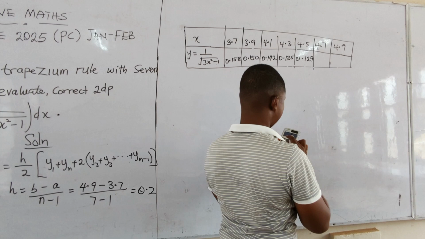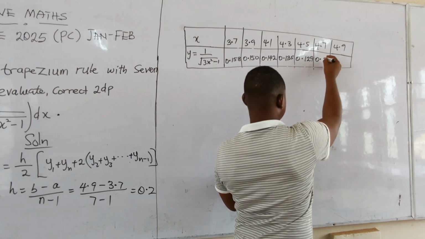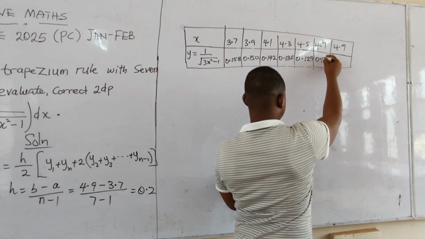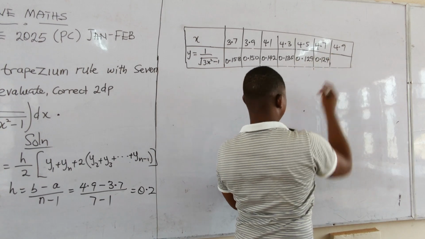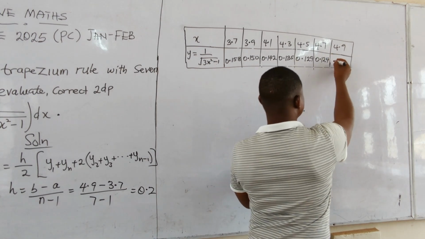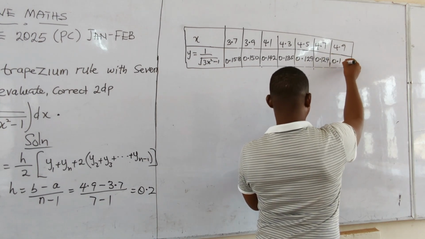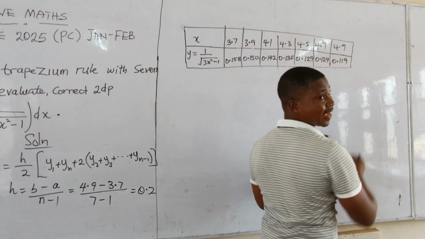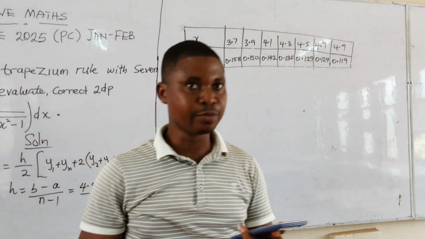Then 0.129, then 0.124. Then the last one, 0.119. So that is our table.